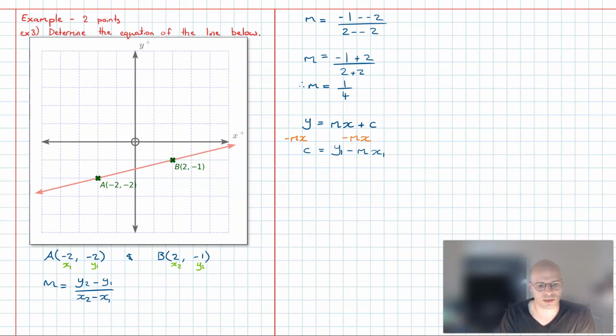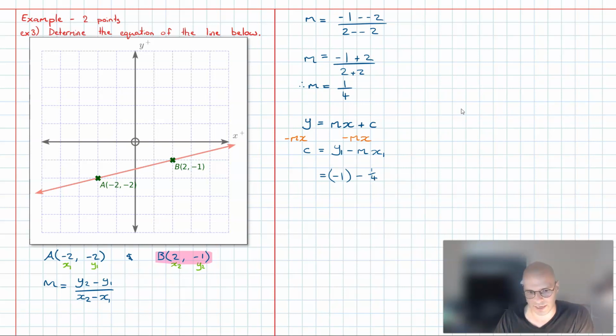Now what is my y1 and x1? Well, I can go over to this part over here, and I can take my A, or I can take my B. In this instance, I'll take this guy here. And using this, I'm going to say that my C value here is equal to, let's take y2, and we'll go minus 1, take my gradient, I've already discovered it to be a quarter, so I'll go 1 over 4.